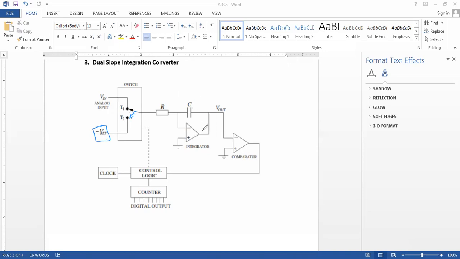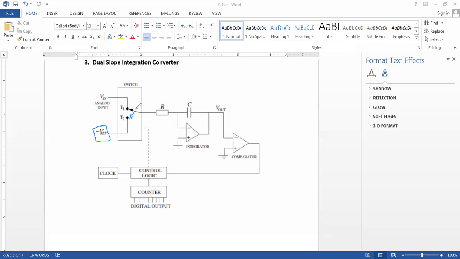The higher the input voltage V in, the greater the charge stored in the capacitor. So we said the output V out is going to depend on the analog input V in.